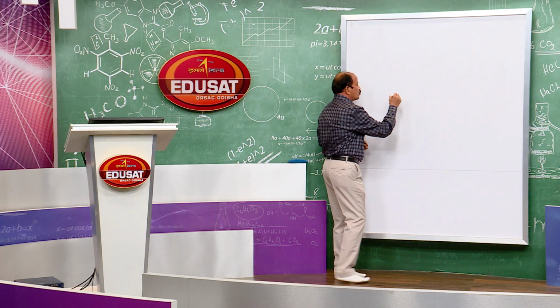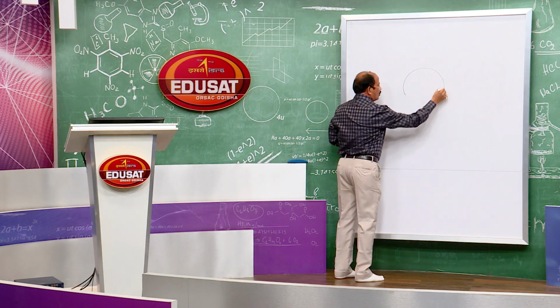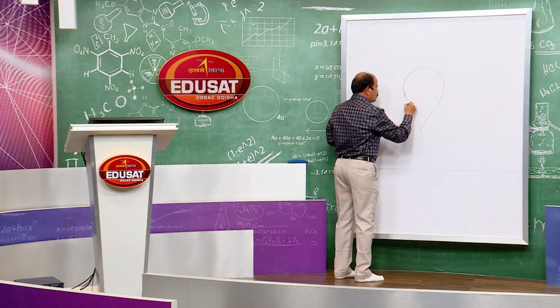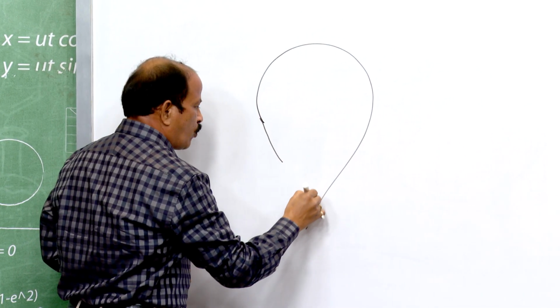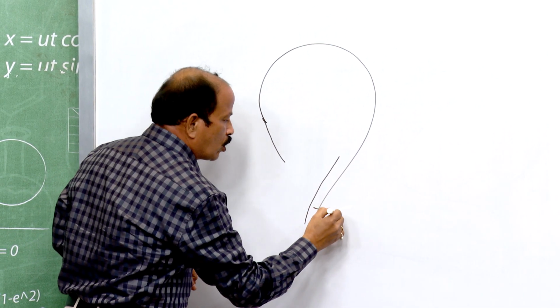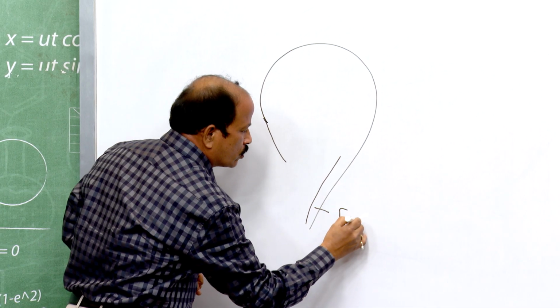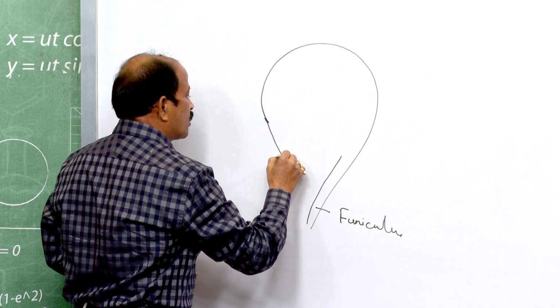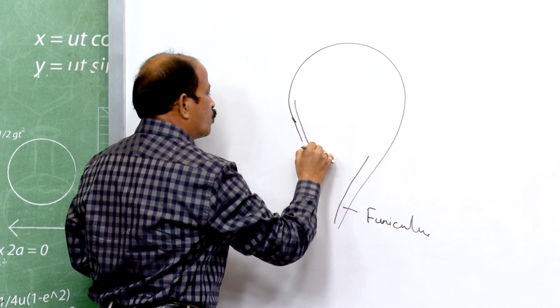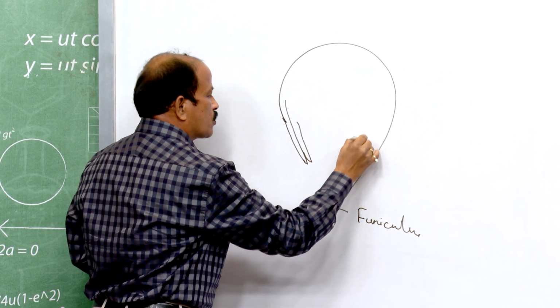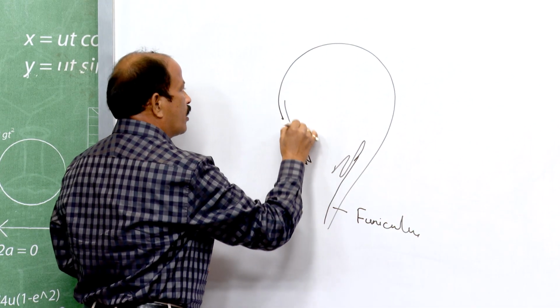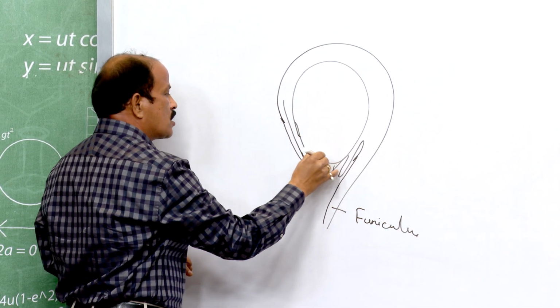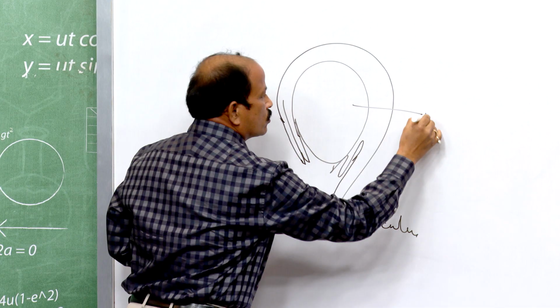The anatropous ovule is like this. It has a funiculus, the stalk of the ovule is called funiculus, and it has two integuments, outer coatings, and the central mass of cells is your nucellus.